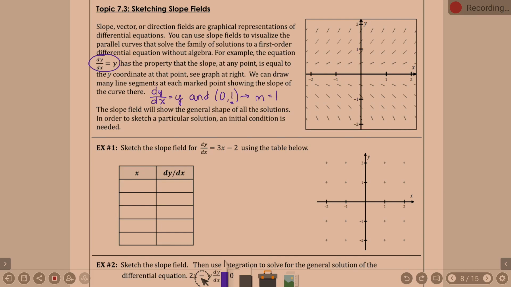And the slope is going to be equal to 1. If you look at the ordered pair (0, 1), and it's slightly below, does that little cross-section thingy look like a slope of 1? So the idea is at (0, 1), the slope would be 1.